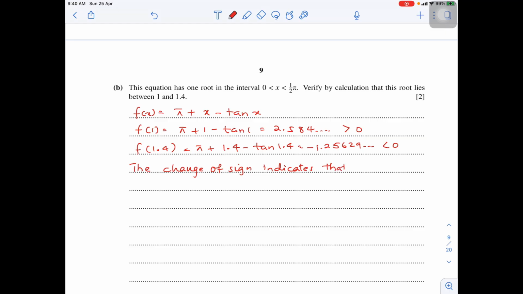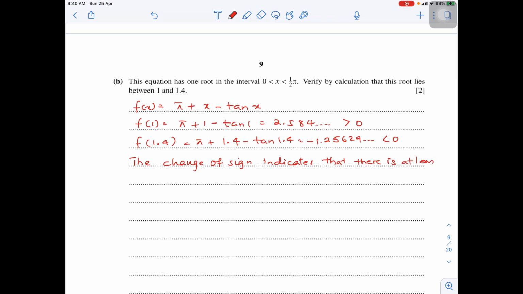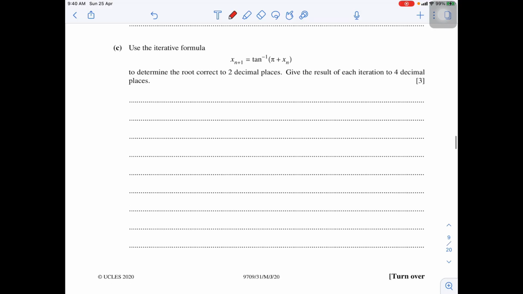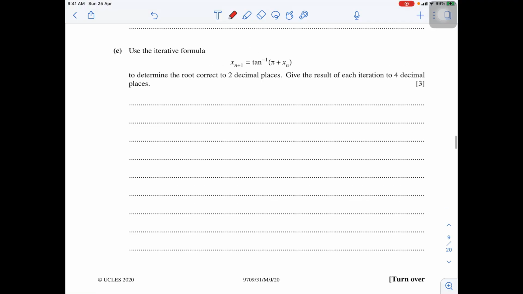I should say the change of sign indicates that there is at least a root between x equals 1 and x equals 1.4. I'm done with that. Let's try the next one.